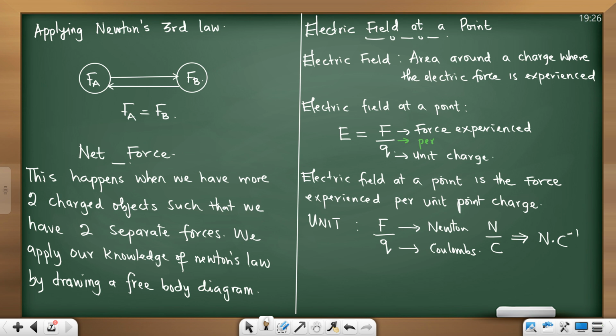I'm going to lead these calculations for now. Going to look at different types of calculation now. Newtons per coulomb. Basically, the theory is done. We're done with the theory.